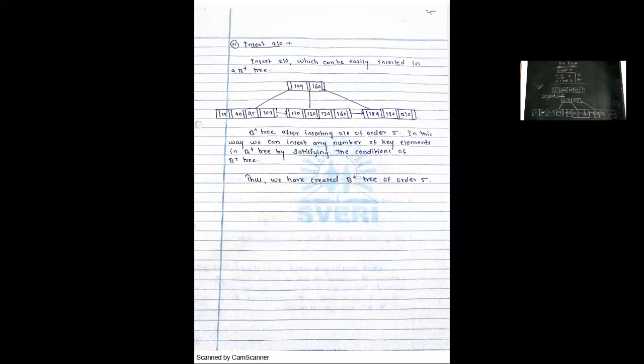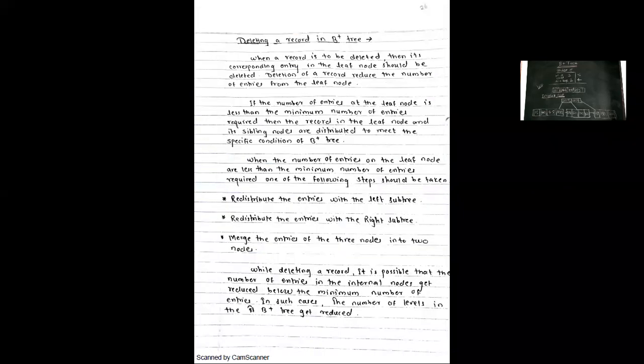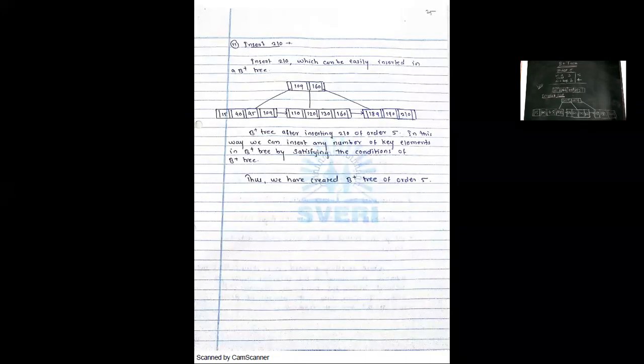Now here, what is the difference between the B tree and B plus tree? What is the change? So all the key values we have maintained at which level? Leaf level in B plus tree.